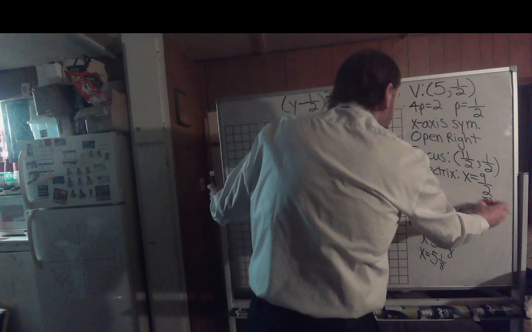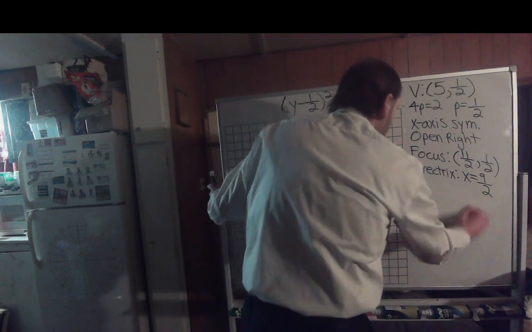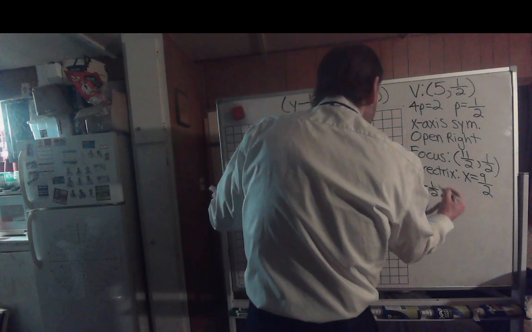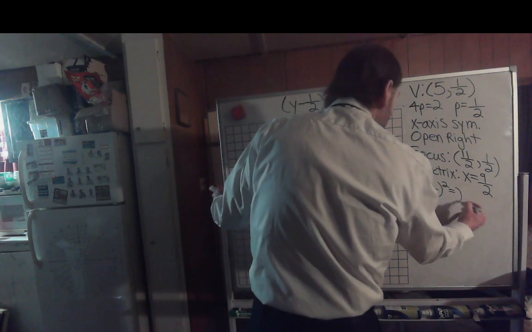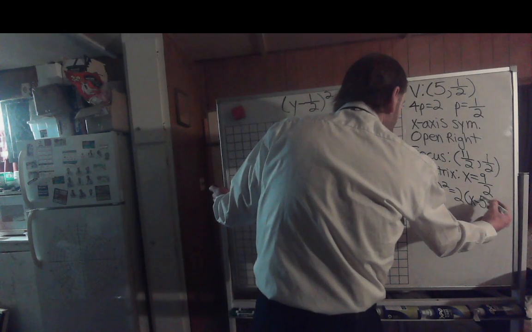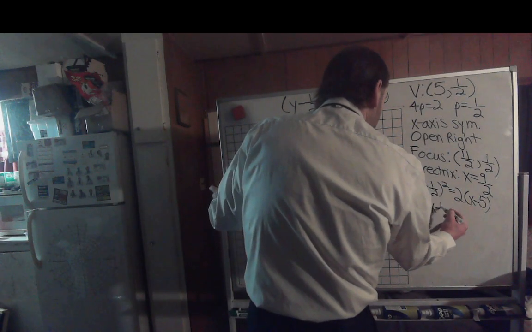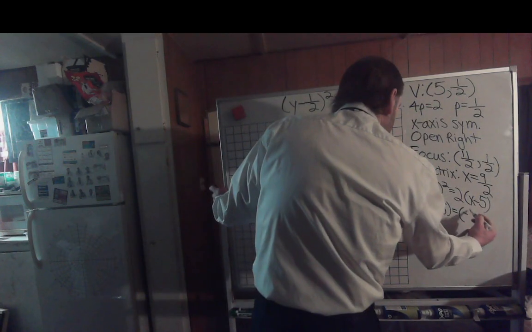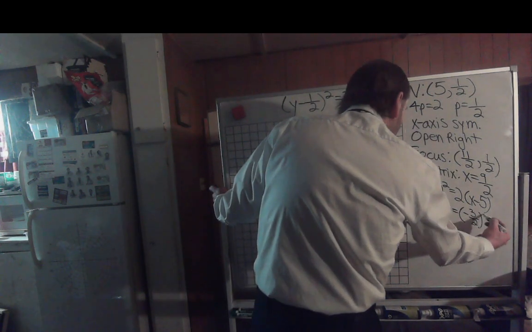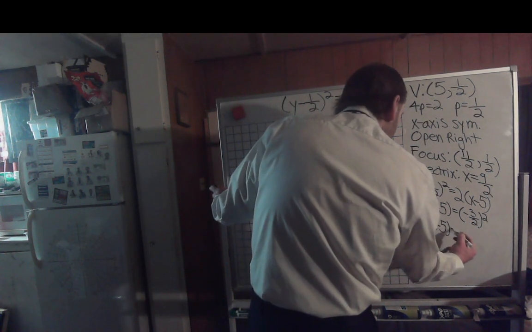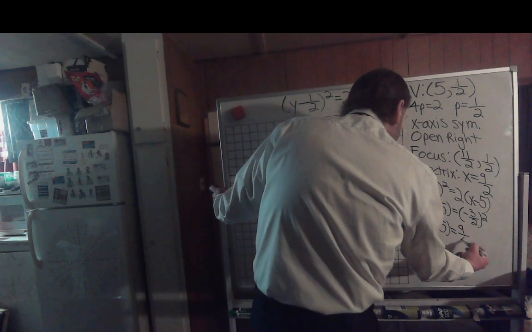Now what if I pick when y equals -1? Let's pick y equals -1. So that would be (-1 minus 1/2) squared equals 2 times (x minus 5), which would give me 2 times (x minus 5) equals (-3/2) squared, which would give me 2 times (x minus 5) equals 9/4.